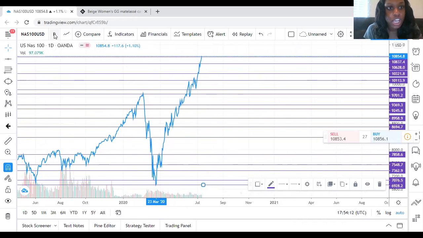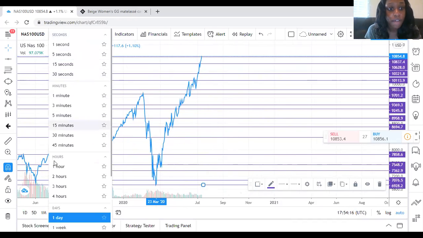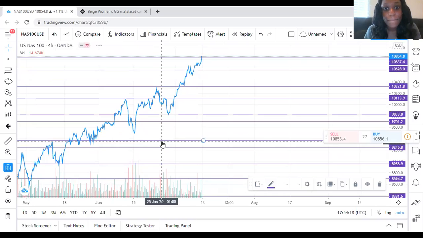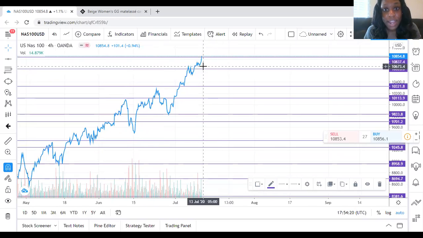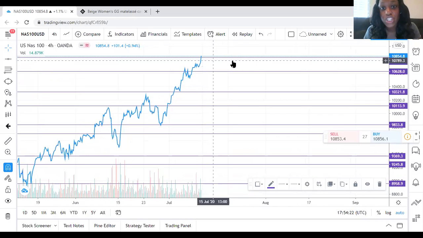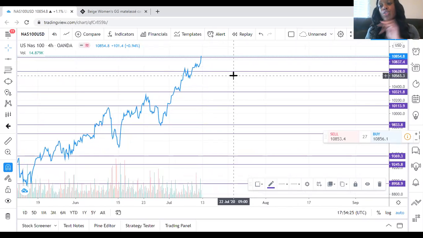All right. So now we did the daily. Now I'm going to go to a 4 hour and still keep it on a line chart. What I'm gonna do is at each zone, find two to three support and resistance zones and mark those up.